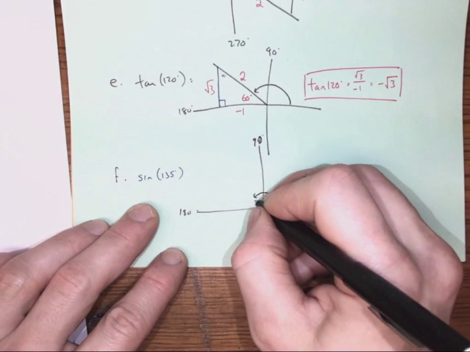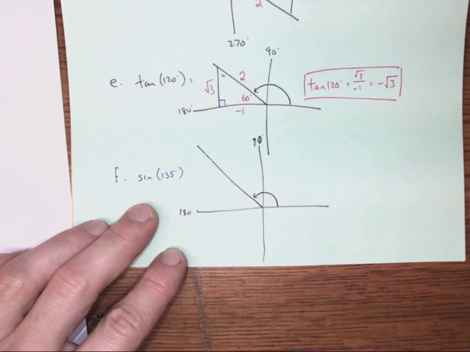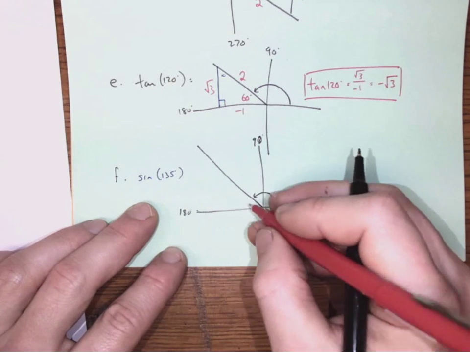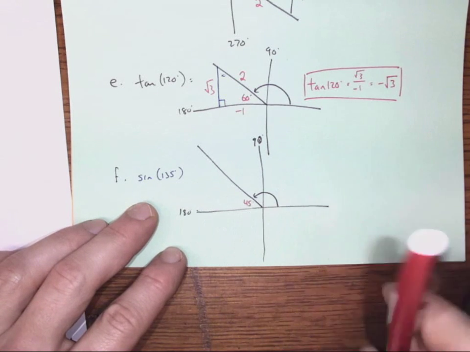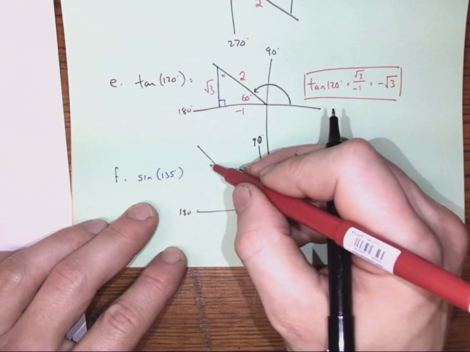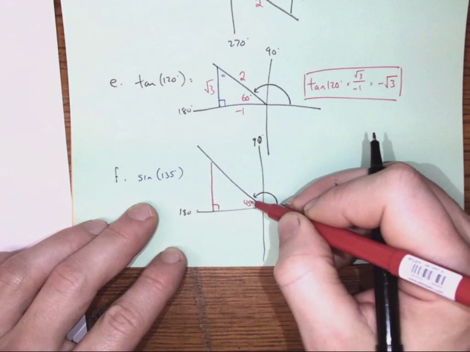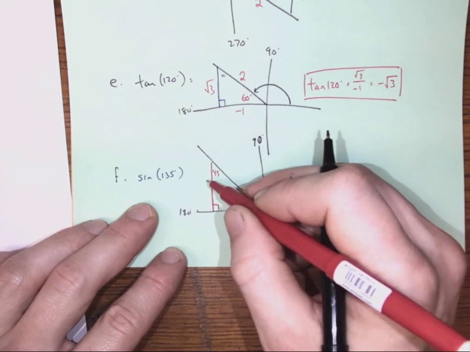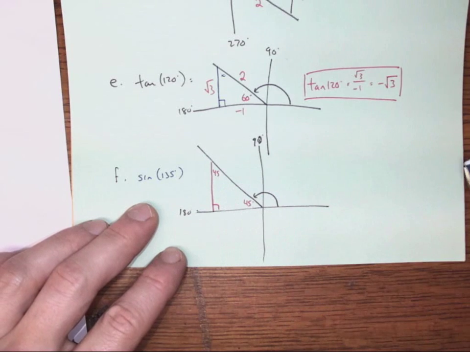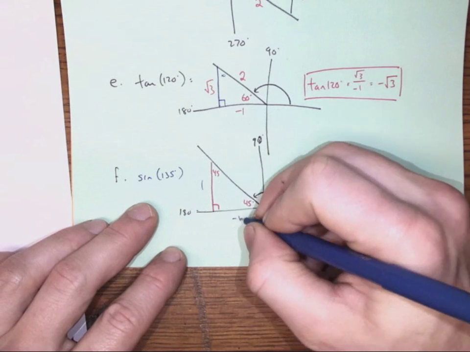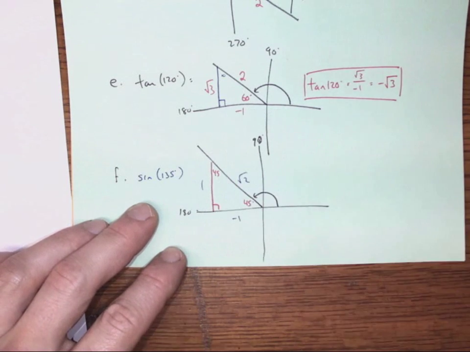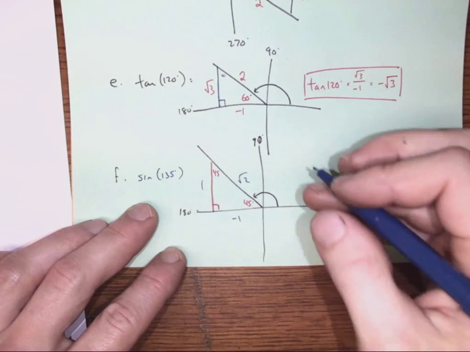So it's going to look something like this. Oh, and a 45-degree angle, which means we have 45. Oh, we know the ratios for that triangle. So that means it's 1, negative 1, and root 2. If we're looking for the sine of that ratio, sine of 135 degrees is equal to just the opposite, which is 1, over the hypotenuse, which is root 2.